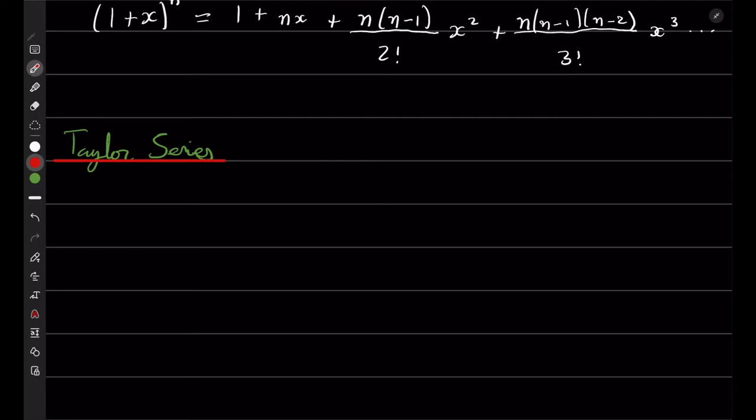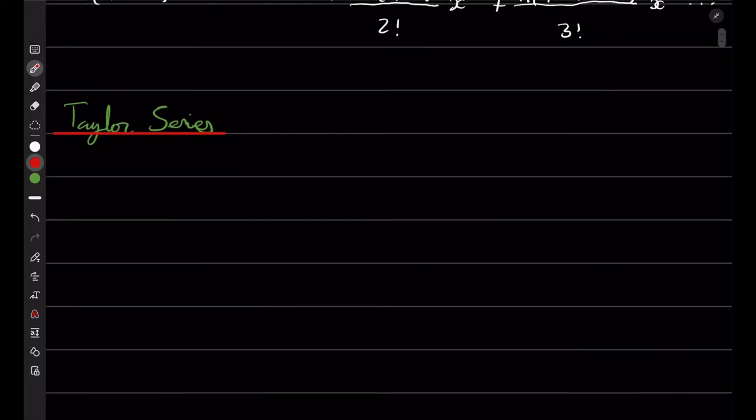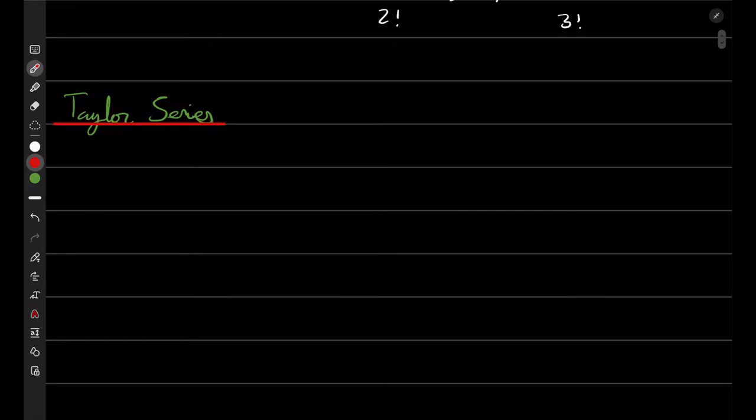So basically, what defines a graph? We have to look at what defines a graph to be able to make a polynomial that will match that graph. A graph is basically defined by one, its starting point, how high or low it is on the y-axis. Two, its rate of change.